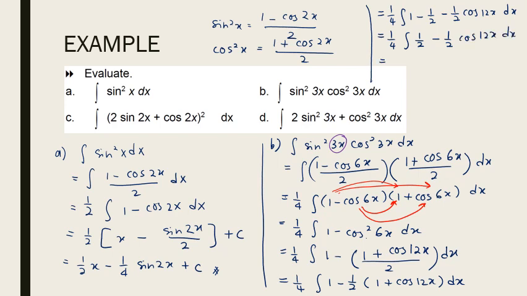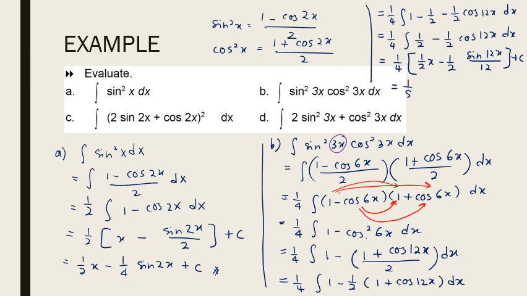Integrate, with 1 over 4 outside: half becomes half x minus half, and integrating cos 12x gives sin 12x over 12, plus c.